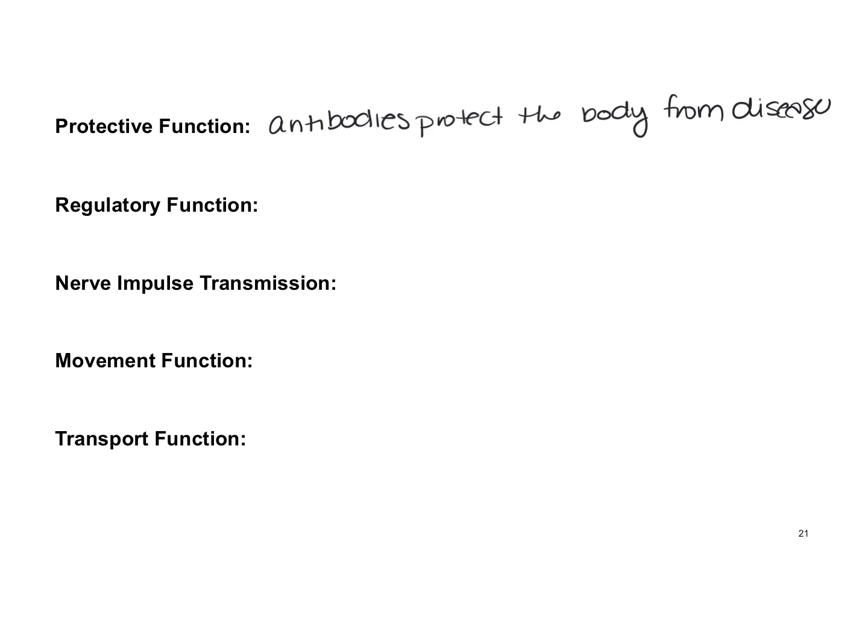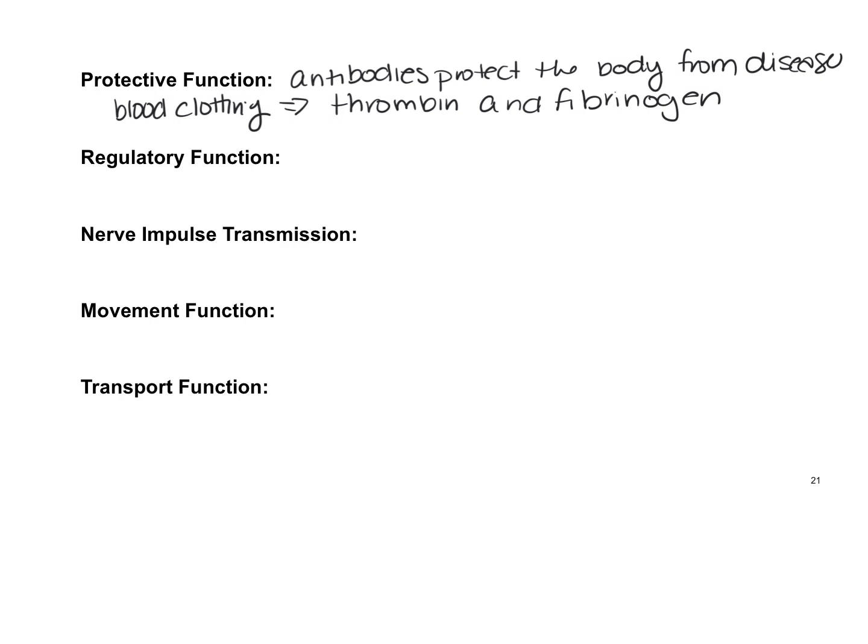Blood clotting is another protective function, and it's carried out by the proteins thrombin and fibrinogen. So without those proteins, really small wounds would result in life-threatening bleeding. So they protect our bodies.